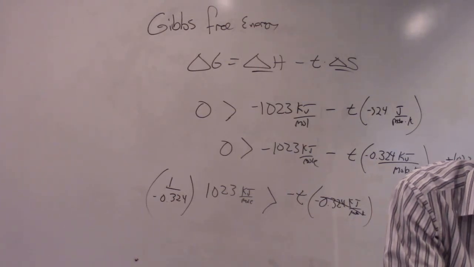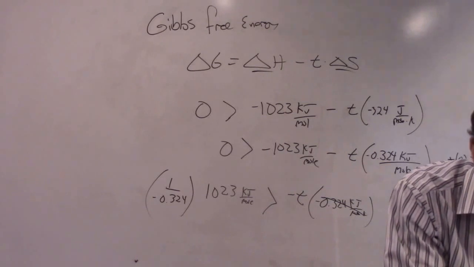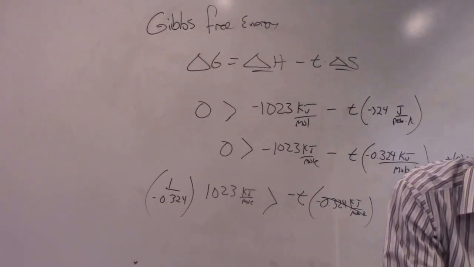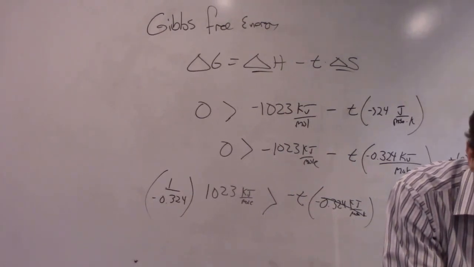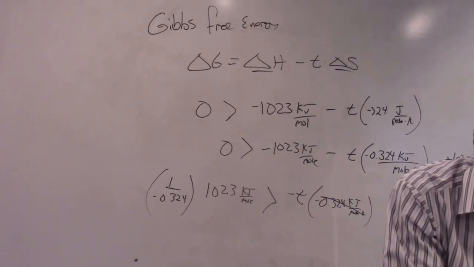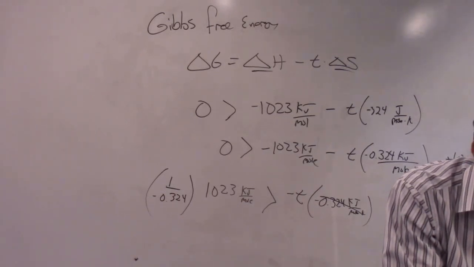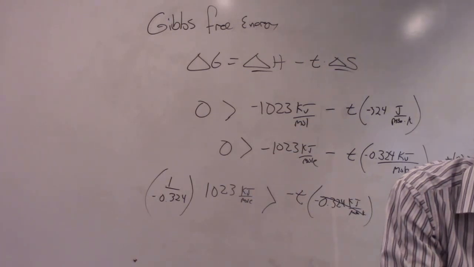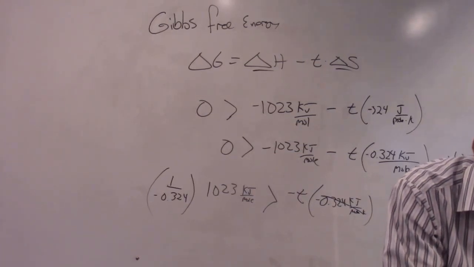Ionic and covalent, right? Give me an example of an ionic bond. Metal and non-metal. Covalent bonding is two non-metals.